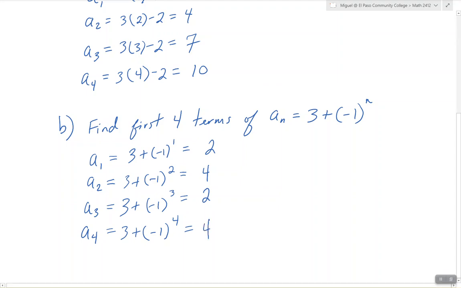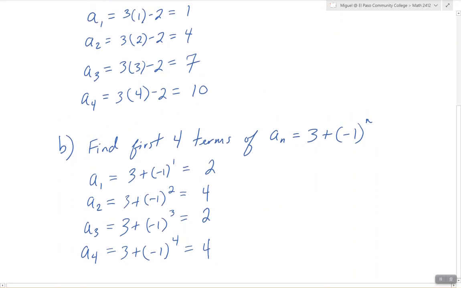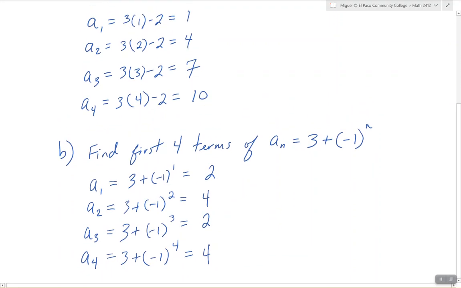And you start to see the pattern, right? If they would ask us to write 20 more terms, for example, we can see that it's just going to switch off between the 2 and the 4. Okay? Any questions on these two? So we just were asked to find the first 4 terms of 2 different sequences.